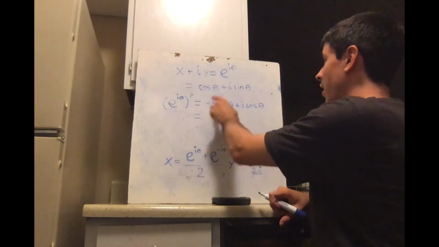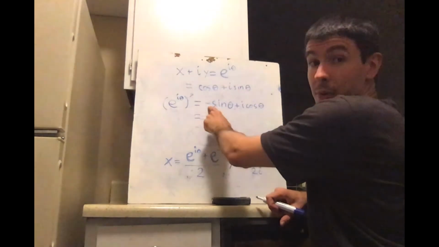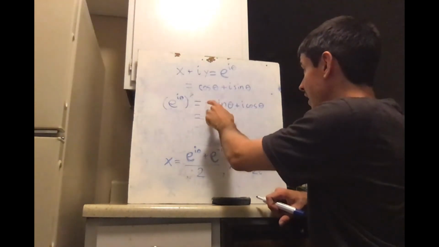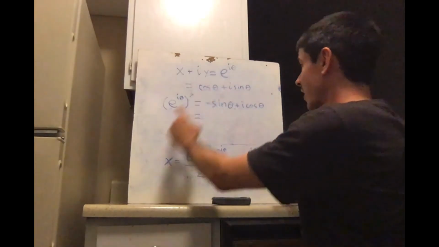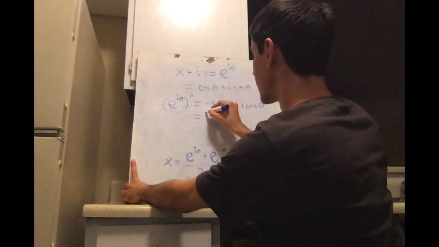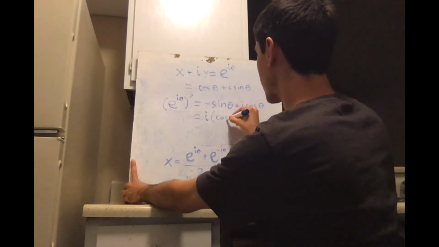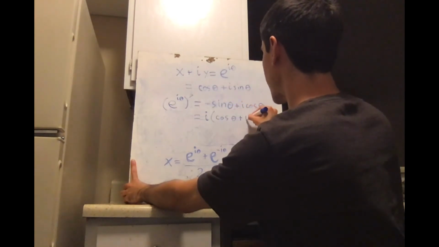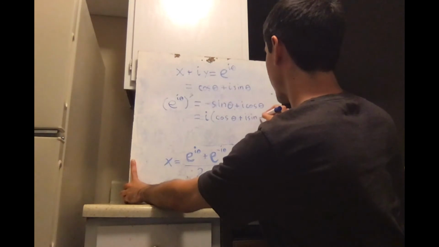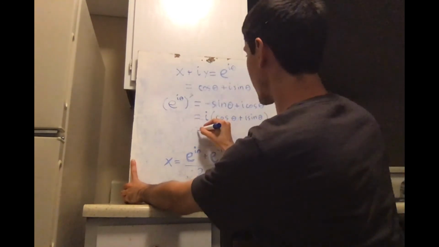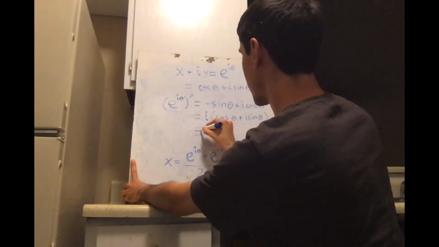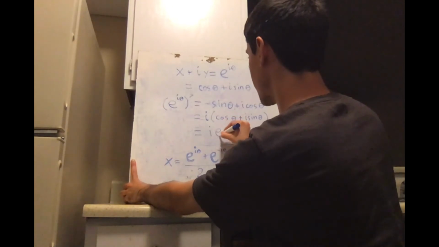The negative 1 right here is i times i, and so we factor that all out, and we get that this is i times cosine theta plus i sine theta. This whole thing equals i times e to the i theta.